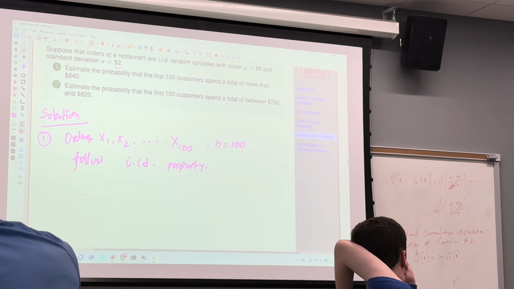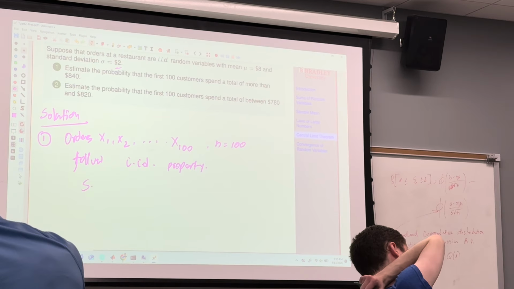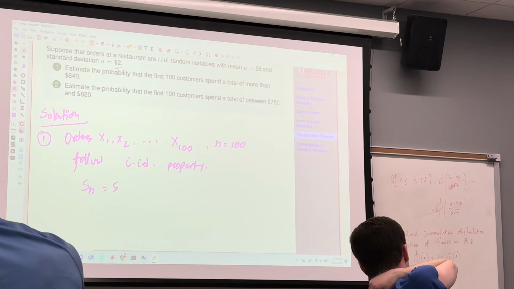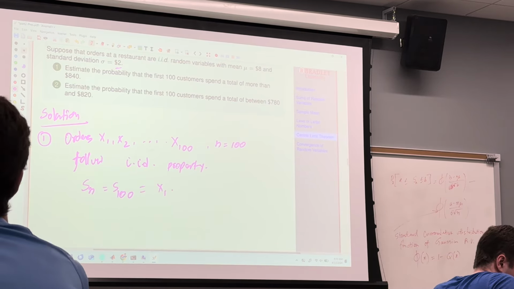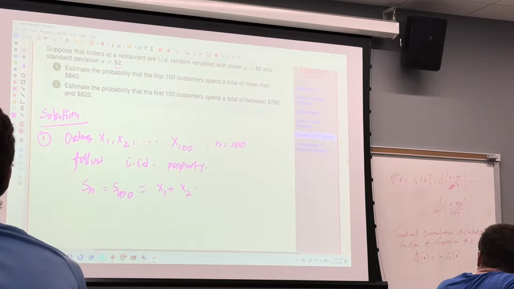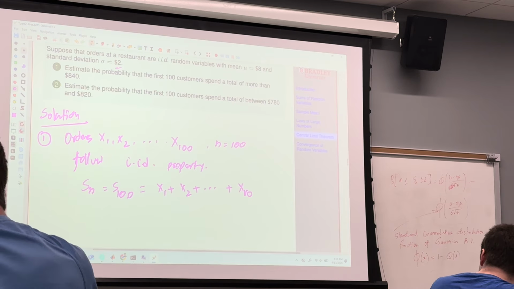The main objective is Sn, which is S100, equal to x1 plus x2 plus dotted plus x100. The first 100 customers will have a total of S100.